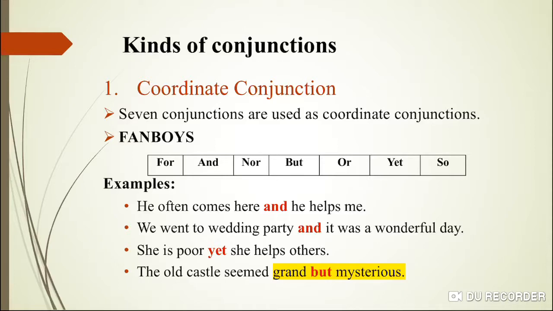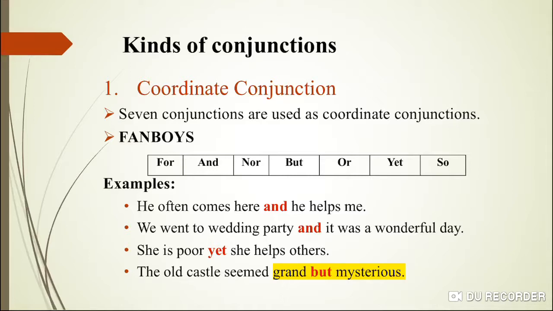FANBOYS has become an acronym and it is an abbreviation of the words: F stands for for, A for and, N for nor, B for but, O for or, Y for yet, and S for so. So we remember FANBOYS, and with the help of FANBOYS we remember these conjunctions.